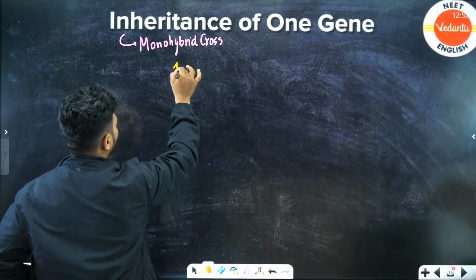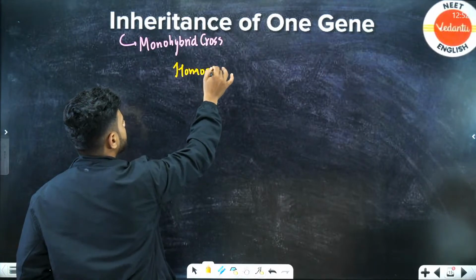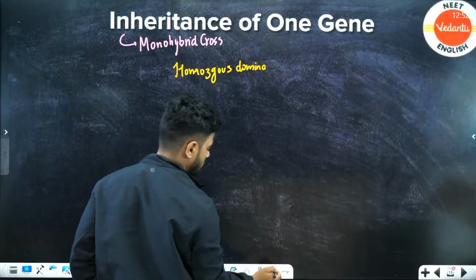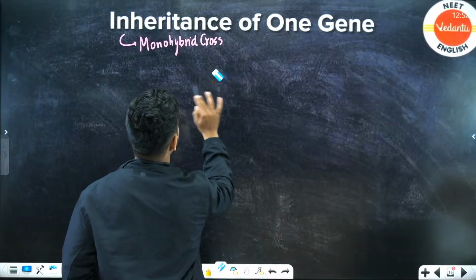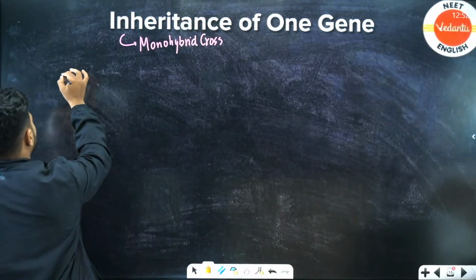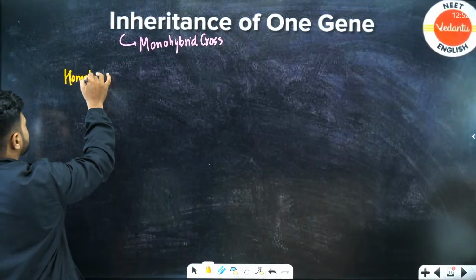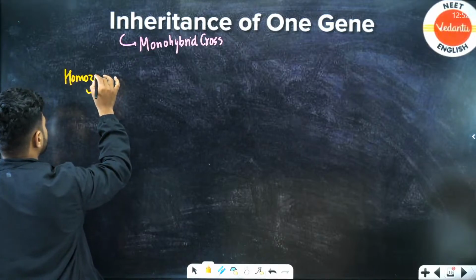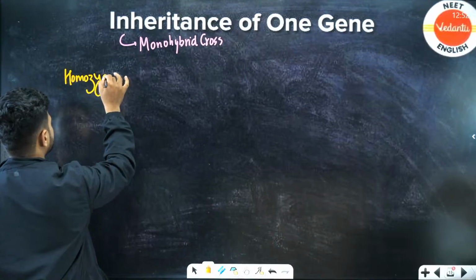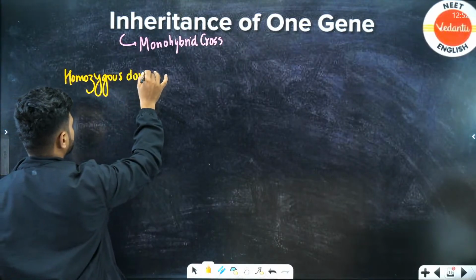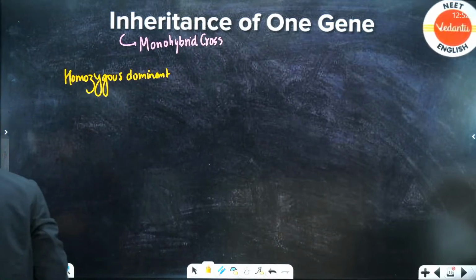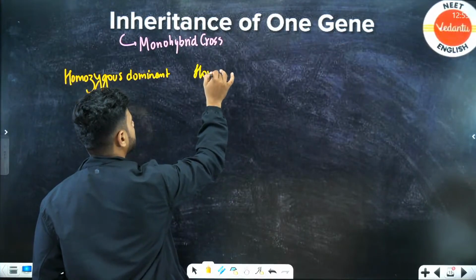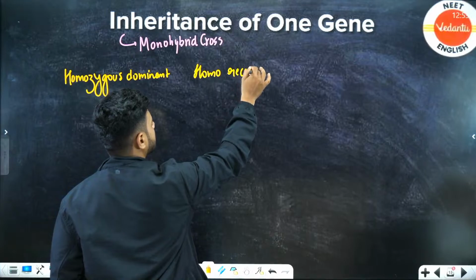We will be taking a homozygous dominant plant and a homozygous recessive plant.